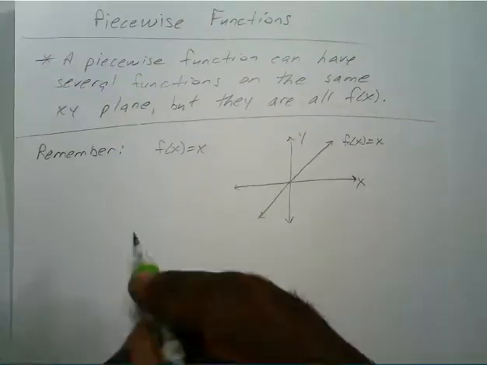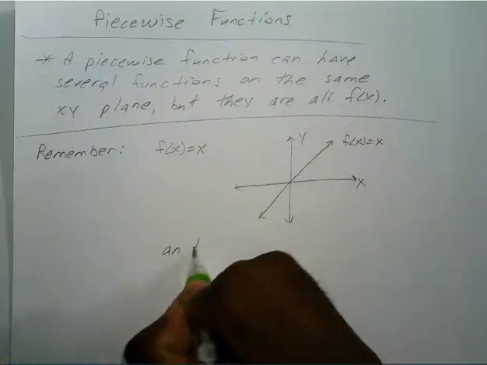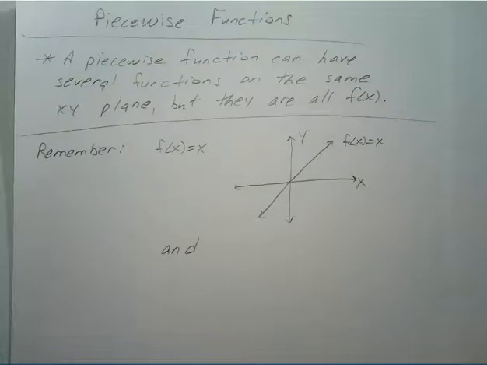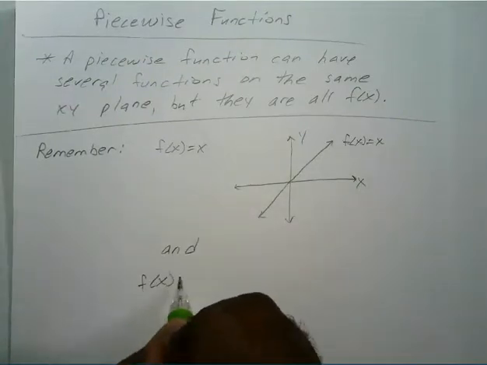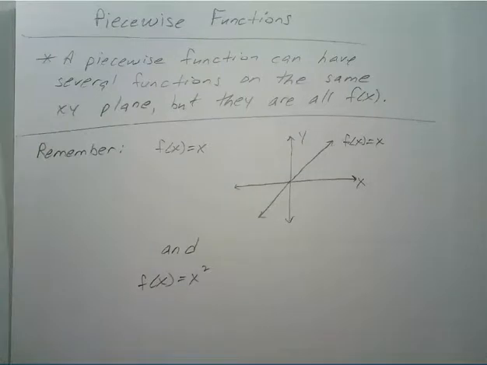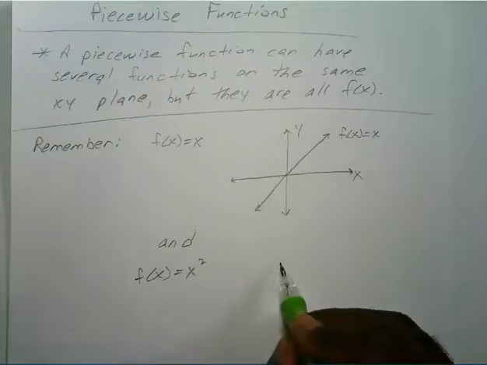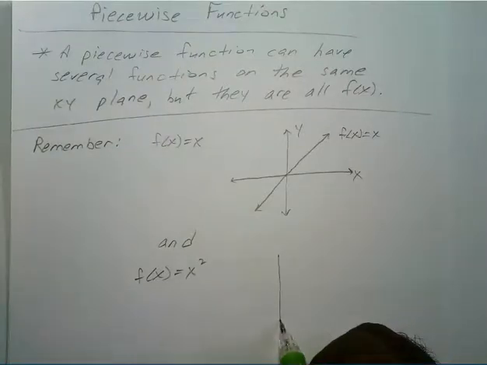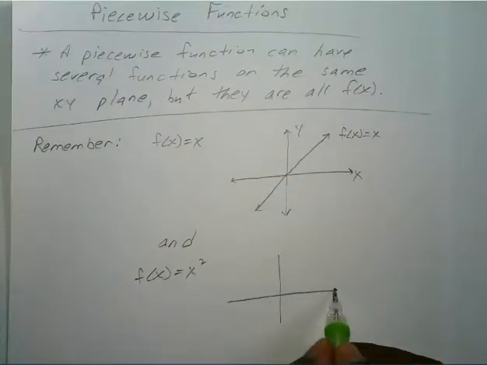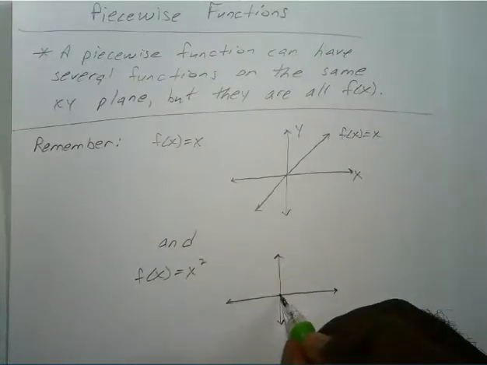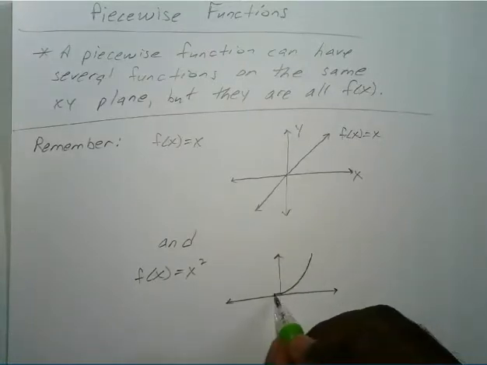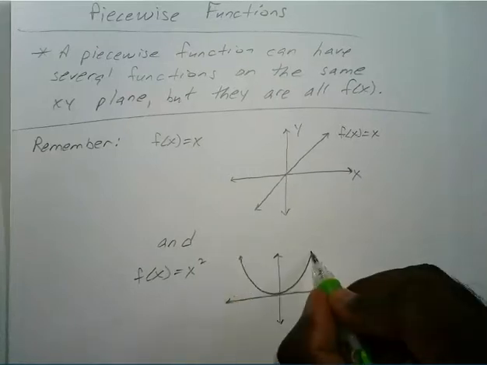And if you think back a little bit, remember f of x equals x squared. That's really just a parabola, having your vertex at the origin.